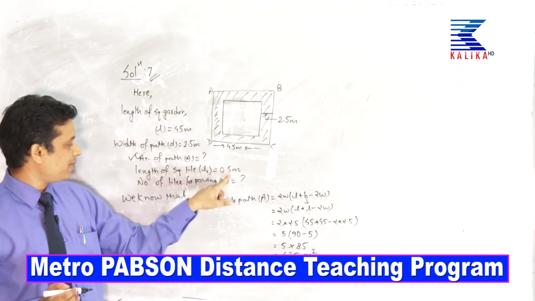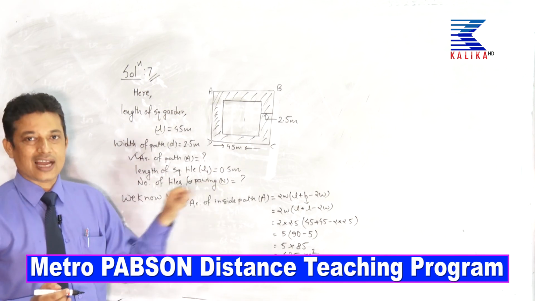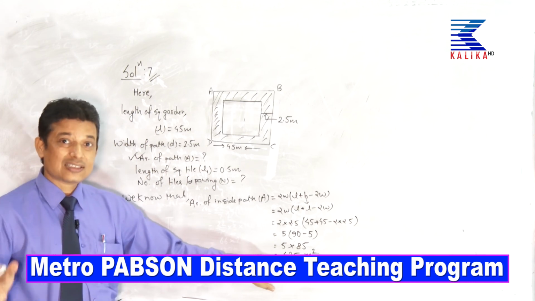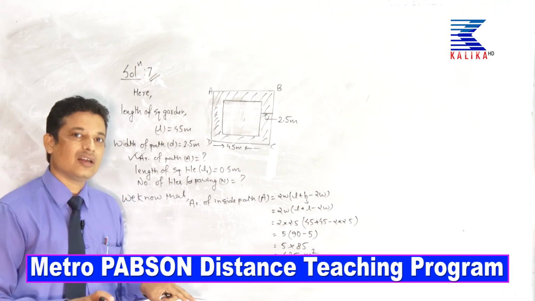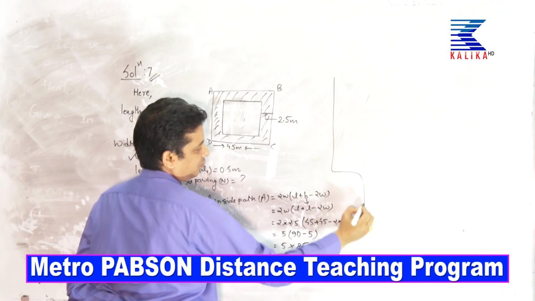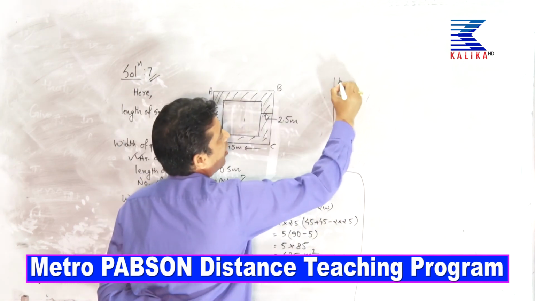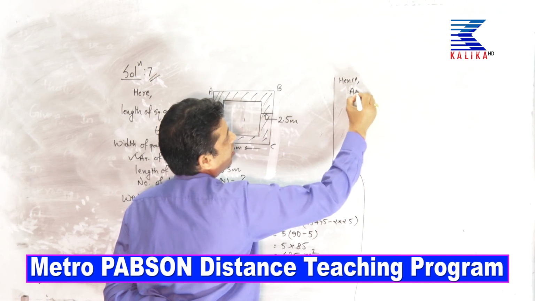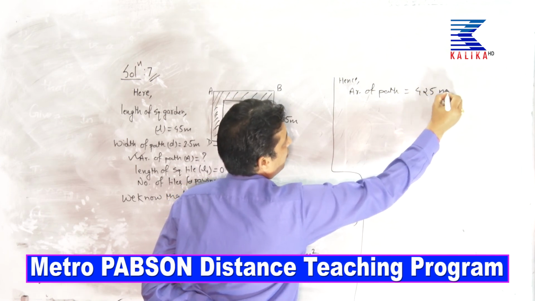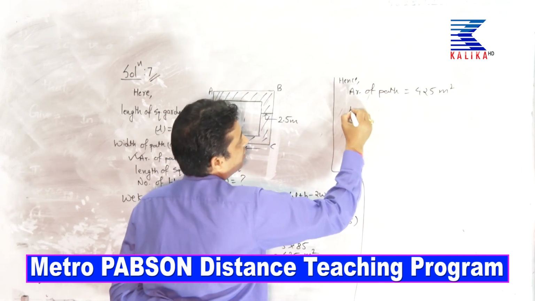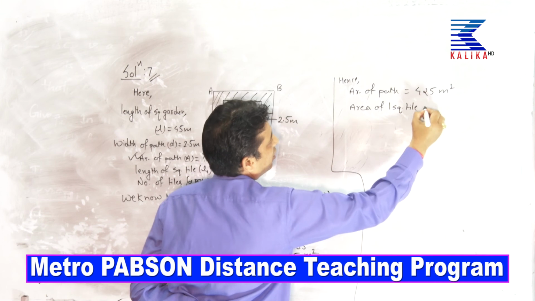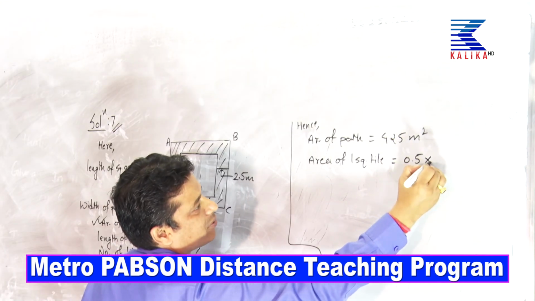The length of the square tile is given, and the number of tiles for paving is asked. This is the area of the path and the tiles are also being paved on the same path. Hence we got the area of path is equal to 425 square meter, and the area of one square tile, dear student, is 0.5 times 0.5.